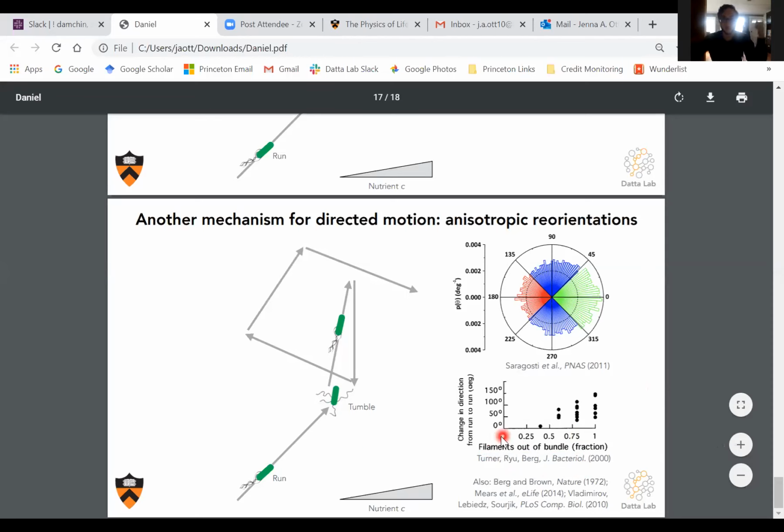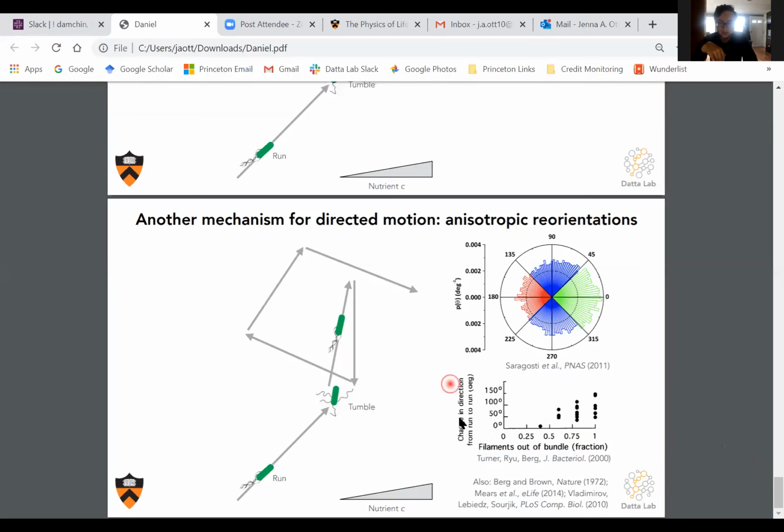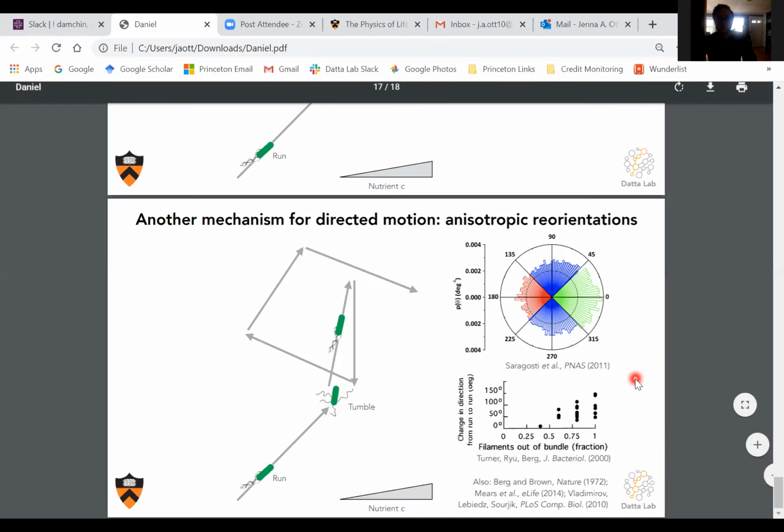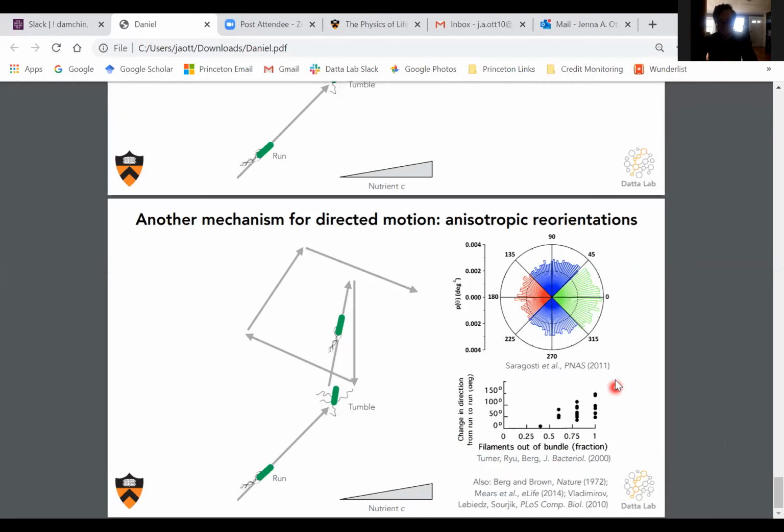But if you have all of them go randomly, you're going to change directions more drastically. And so here they're showing the change in direction as a function of how many flagella were part of that tumble event. And the direction change was increased for more flagella being involved in reorienting.